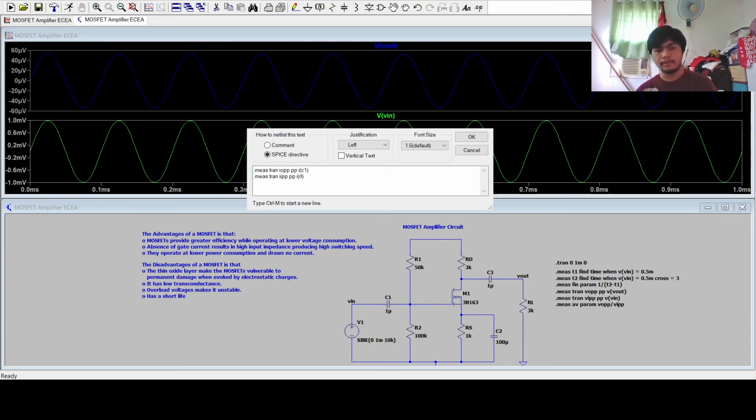And for its current gain, we will use .meas current gain parameter of current output peak to peak over input peak to peak. So same goes for the voltage. This is the amplification factor.